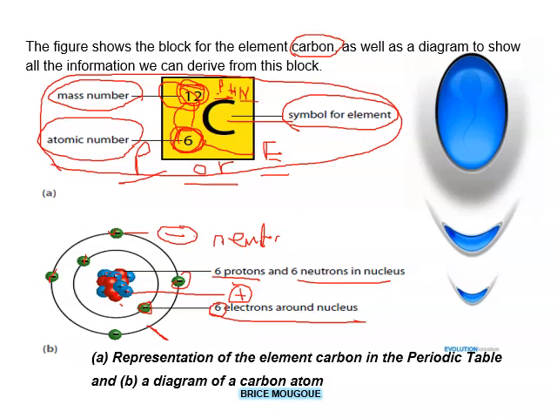If you want to obtain the number of neutrons, we say 12 minus 6. So to get the number of neutrons, we will simply say 12 minus 6. Otherwise, we will be saying mass number minus atomic number should give us the number of neutrons.